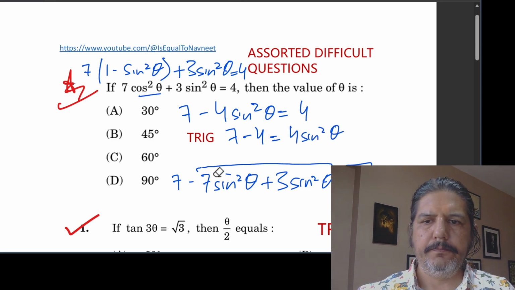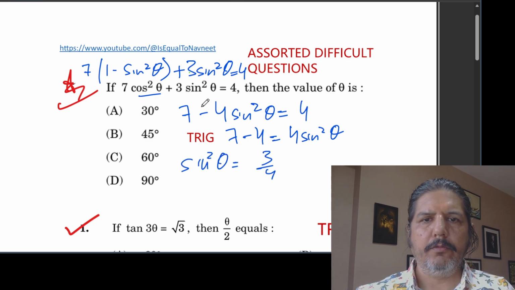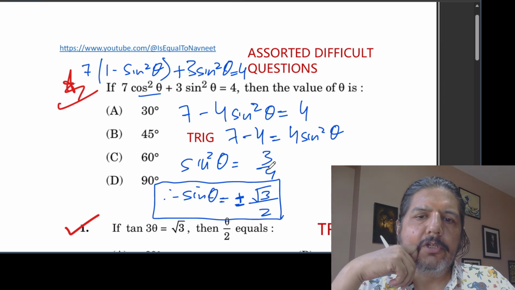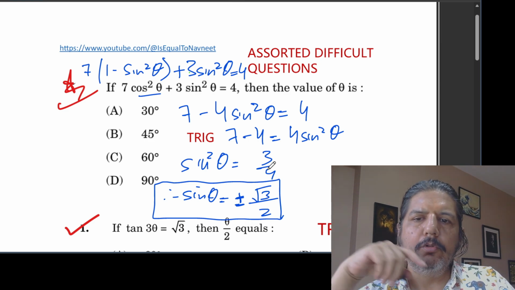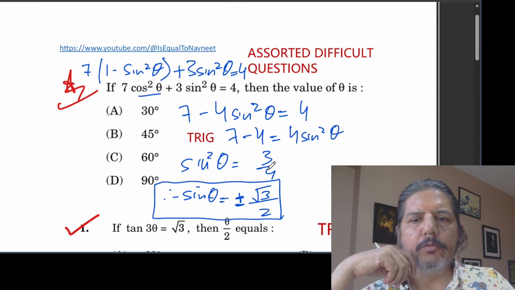And sin²θ would be 3 upon 4. Therefore, sin θ is equal to plus minus root 3 upon root 4, which is 2. So sin θ is plus minus root 3 upon 2.